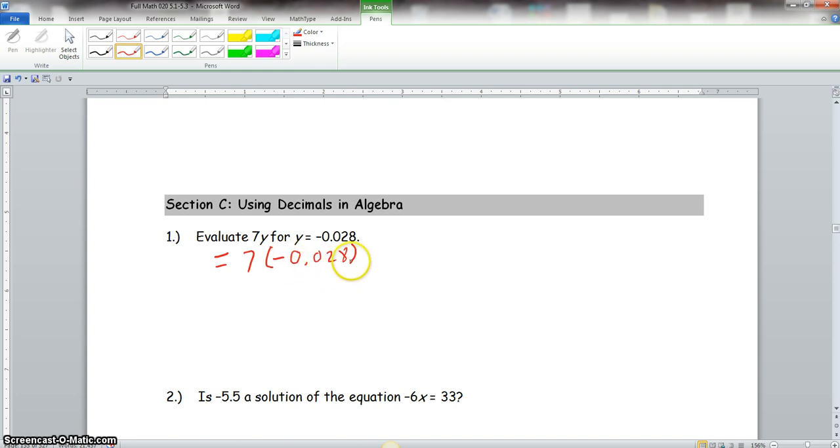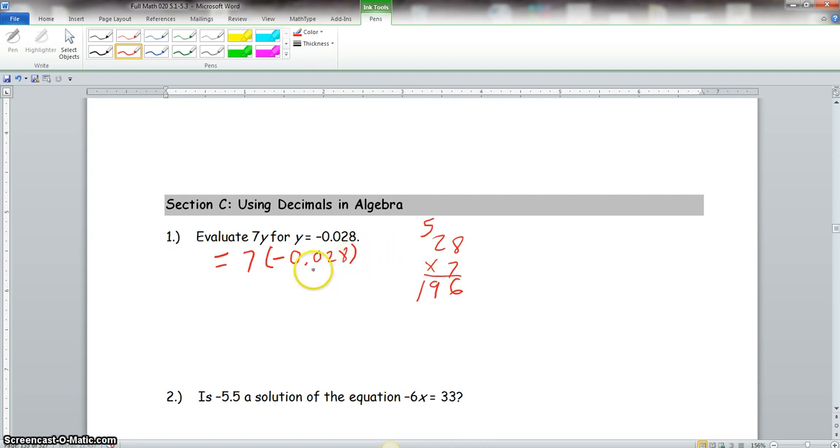Now we look here. We want to disregard this decimal and write this as 28 times 7 off to the side. I wrote the 28 because it's a little longer and it'd be a little easier to multiply here. 7 times 8 is 56. Bring down your 6, carry your 5. 7 times 2 is 14, plus 5 is 19.